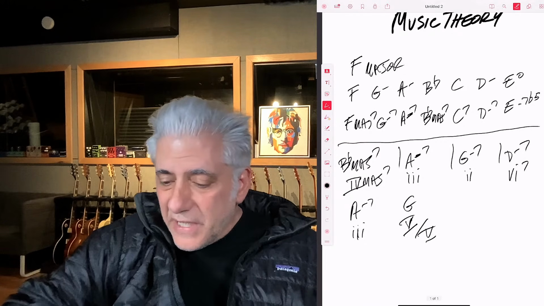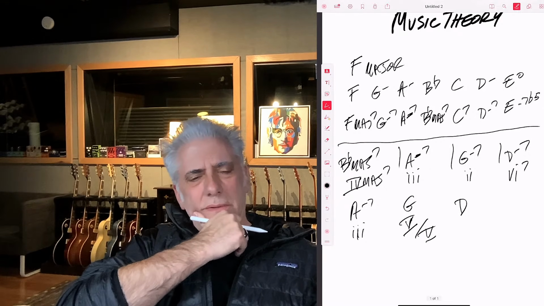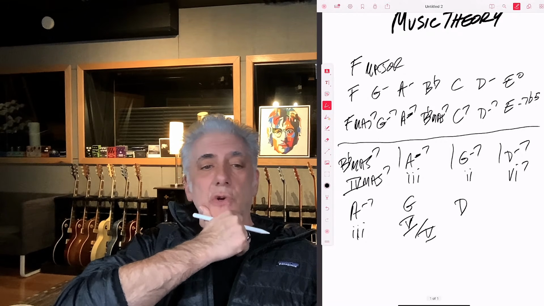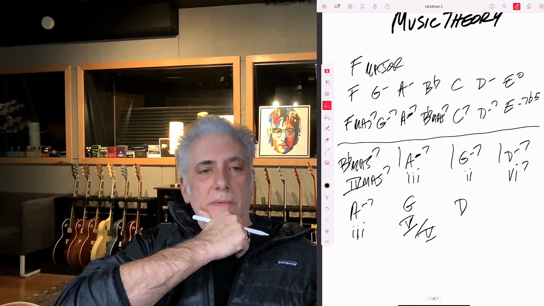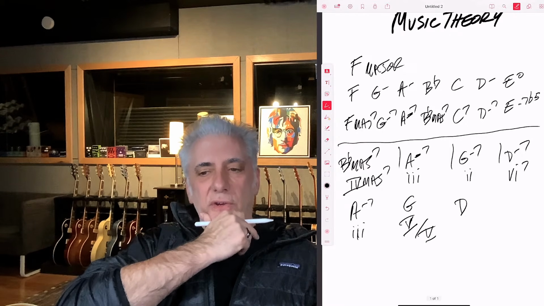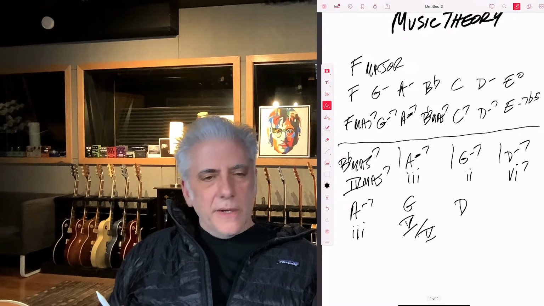Then the next chord is D major. Okay, I think we're in a different key now. All right, so this is where you're stuck, because a D major chord is not in the key of F major. So you've definitely changed keys here. This is where music theory helps. This is how you transpose songs to different keys.